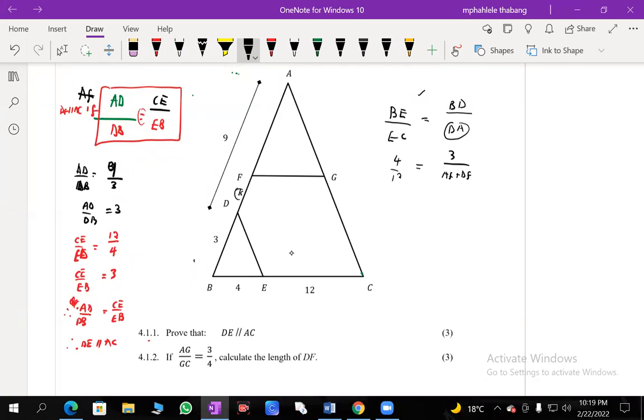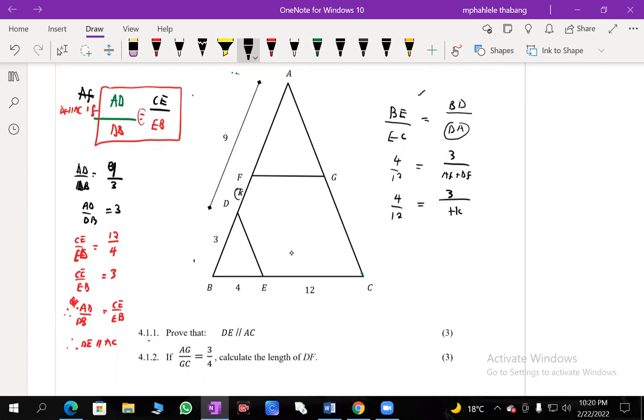Listen, before we continue, I think somewhere we need to fix. I think we all know what AD is, 9, right? So it means our 9 will include the AF and DF. True.